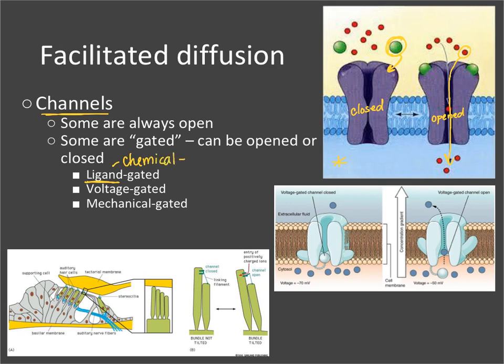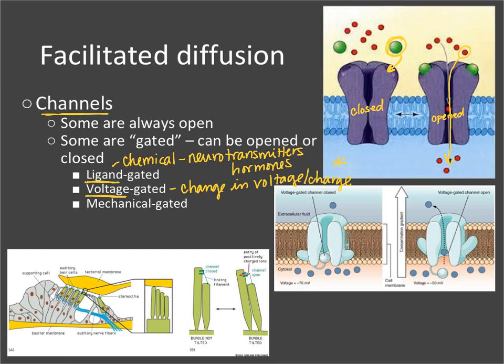We typically see these with things like neurotransmitters and hormones. So these are how neurotransmitters and some hormones work. In voltage-gated channels, there's going to be a change in voltage or a change in charge that opens or closes one of these channels.